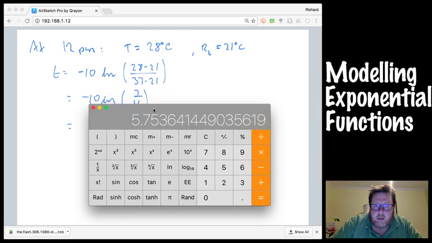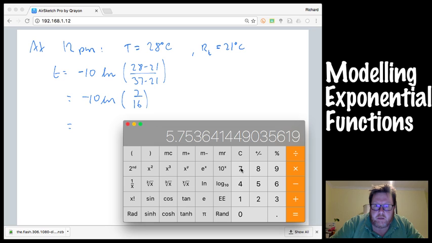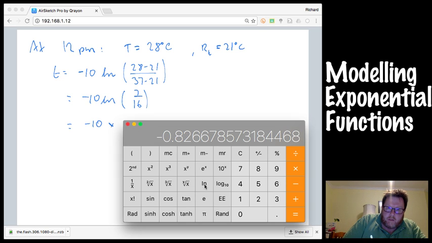So we have 7 over 16 equals, and then we'll take the natural logarithm of that. So it's negative 10 times negative 0.827.